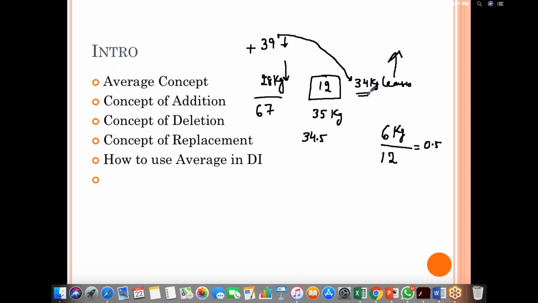So this is 34. So net the person of 33 is coming in. Yes, no? So a person with 33 is coming in. Now forget about all this. This is a concept of deletion. The person is bringing 2 less. So my average will be 35 minus 2 upon 13, because now there will be 13 people. Is it clear to everyone?